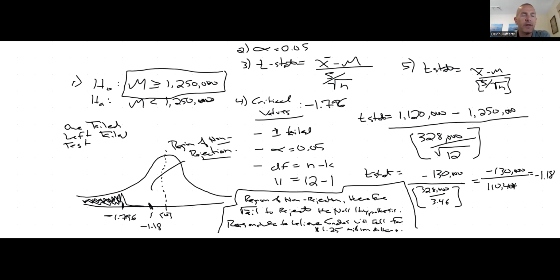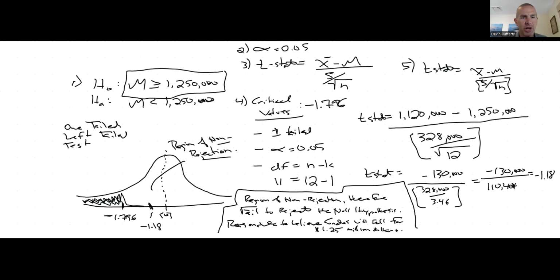I ran the numbers and it turns out that the test statistic falls into the region of non-rejection. Since the test statistic falls into the region of non-rejection, I'm going to fail to reject the null hypothesis.